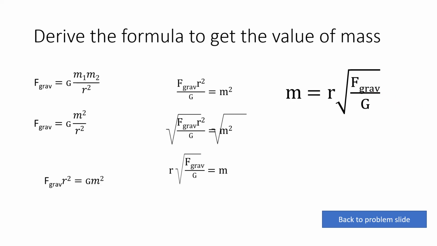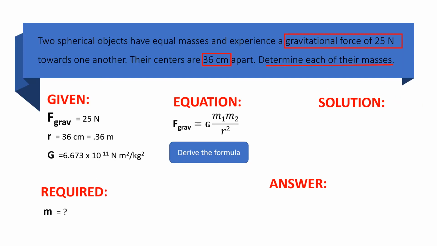Let's go back to our problem. I will put here the formula that we've solved: m is equal to r square root of the F, or gravitational force, over G, which is the universal gravitational constant, rather. Sorry for that.